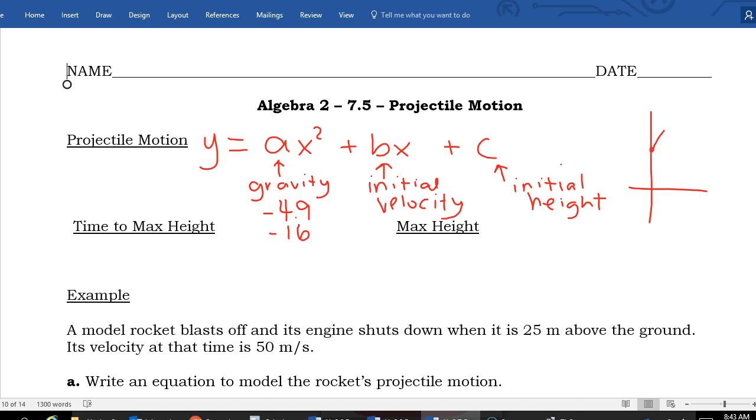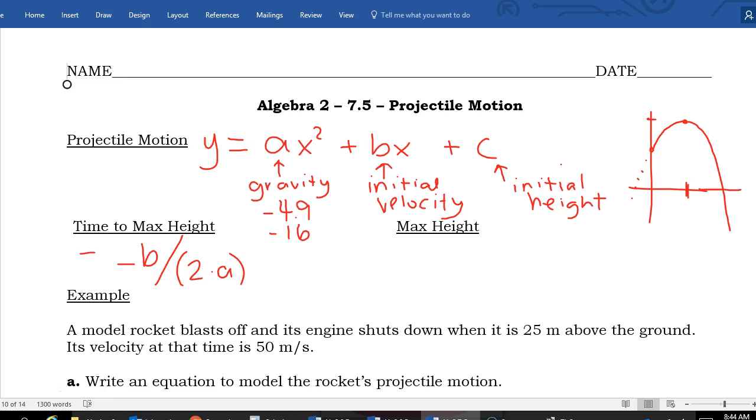So most of our launches that we're going to be talking about start at a certain height. We launch them up into the air, but then gravity takes over and pulls them back down. So we still have that parabolic shape to our launch. The way that we would calculate how long it takes to achieve maximum height is the formula negative b divided by 2 times a. And then the maximum height can be calculated by substituting that value.